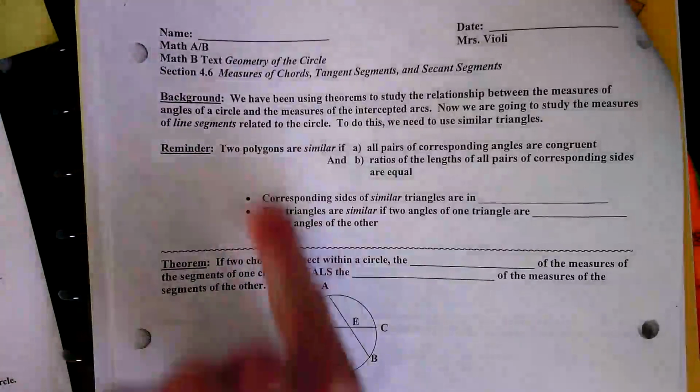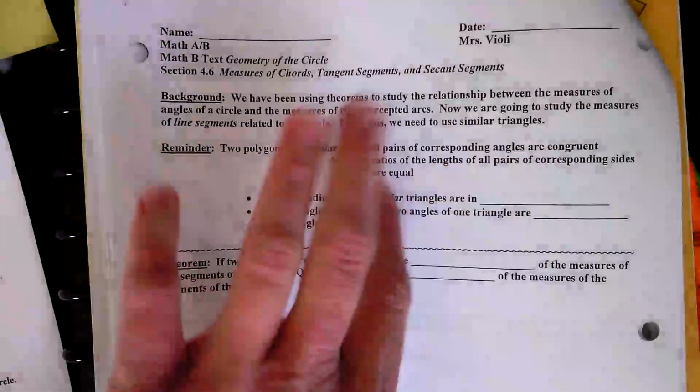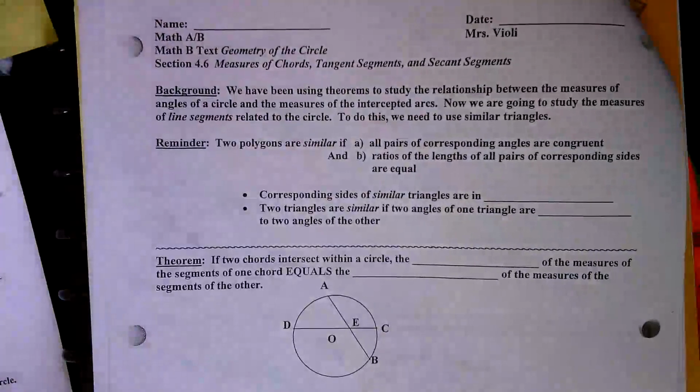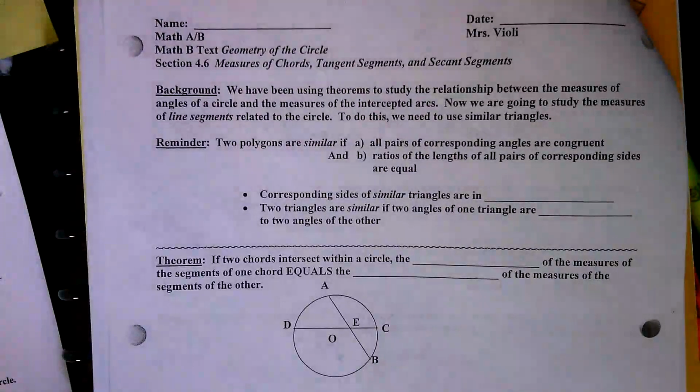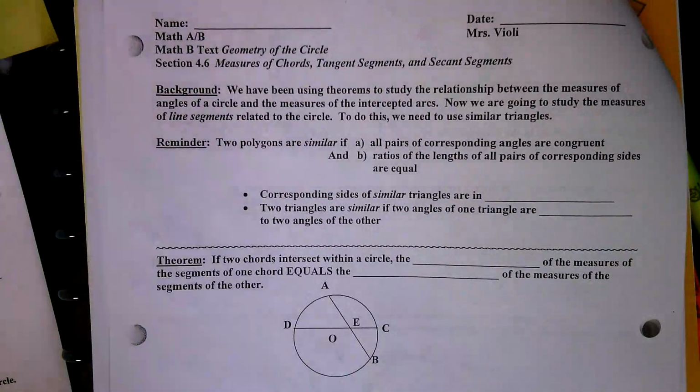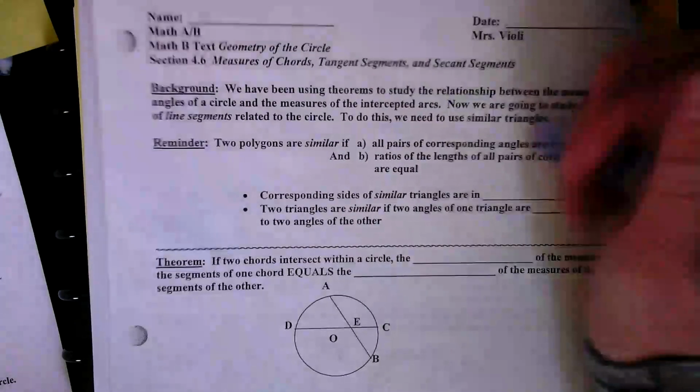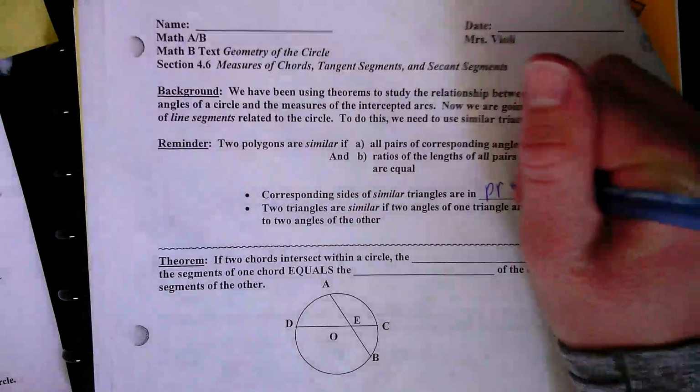We're going to briefly remind ourselves what similar triangles are. Two polygons are similar if all pairs of corresponding angles are congruent, and the ratios of the lengths of all pairs of corresponding sides are equal. Corresponding sides of similar triangles are proportional to each other.